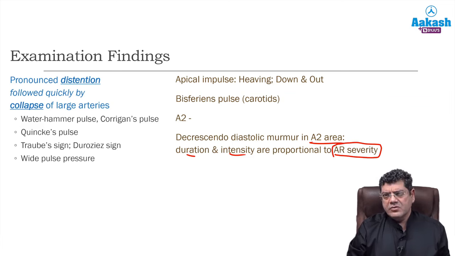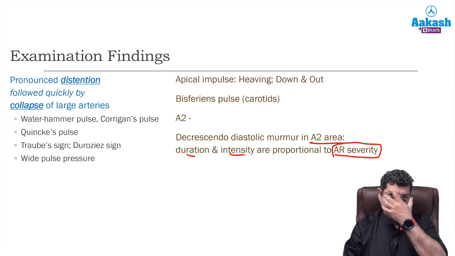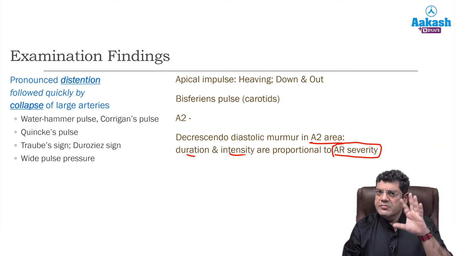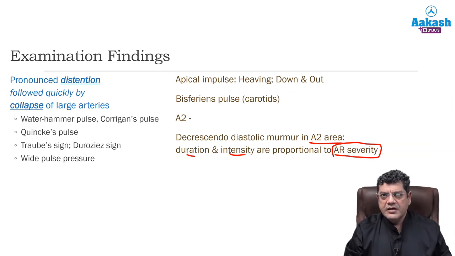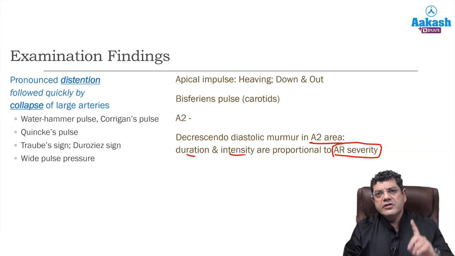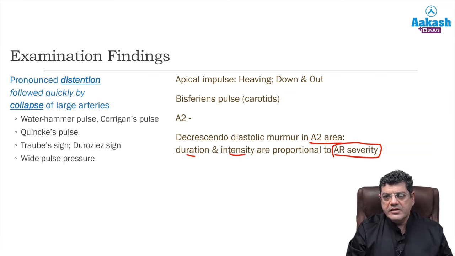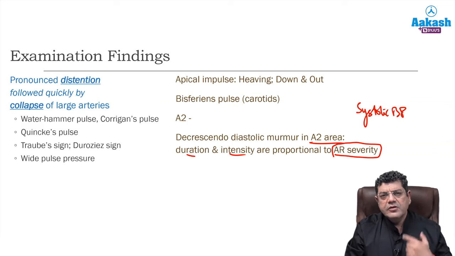In aortic stenosis, when the stenosis is very severe, the murmur might actually die down because the cardiac output is so poor. The severity of aortic stenosis can be told by the peak systolic blood pressure. It can be told by the pulsus parvus et tardus.